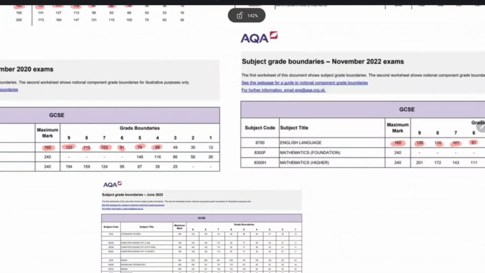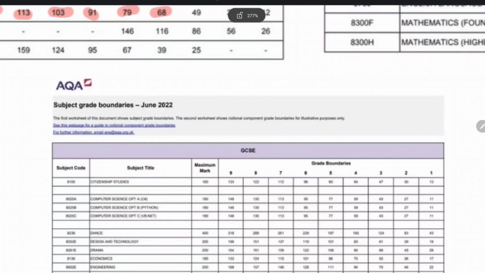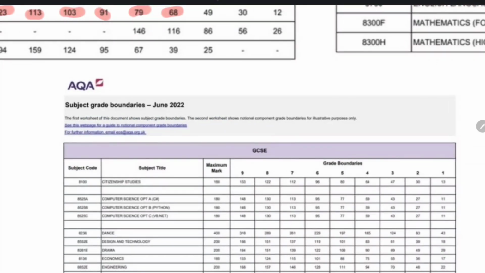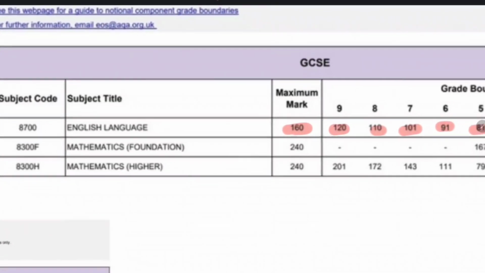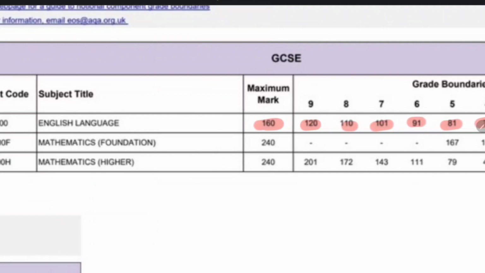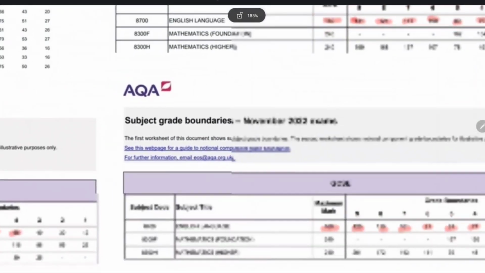And finally, was the June, I should have gone to June and then November, but it's fine. So for June 2022, which was the last summer, what did you have to score out of 160? So for grade 9, it was the lowest. It was in fact 119. So if you compare it to the previous years, it was lower than November 2022.